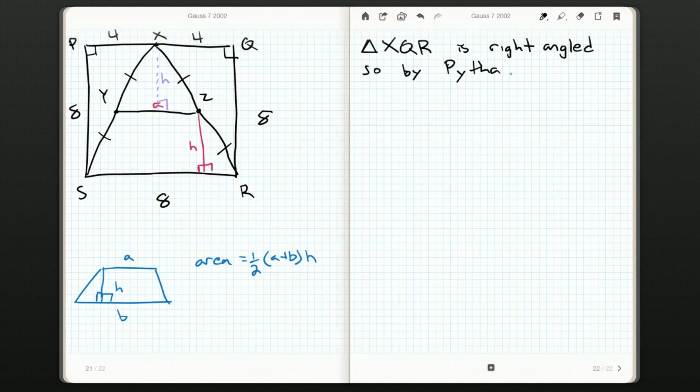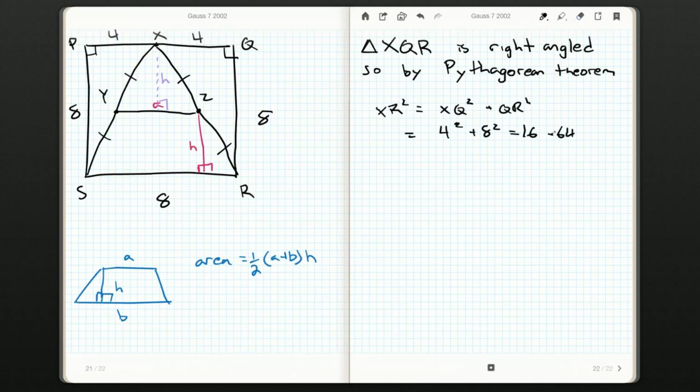So by the Pythagorean theorem, we know that XR squared, our hypotenuse, is going to be equal to XQ squared plus QR squared. But these are known values. It's 4 squared plus 8 squared, so that's 16 plus 64. So that's going to be equal to 80.